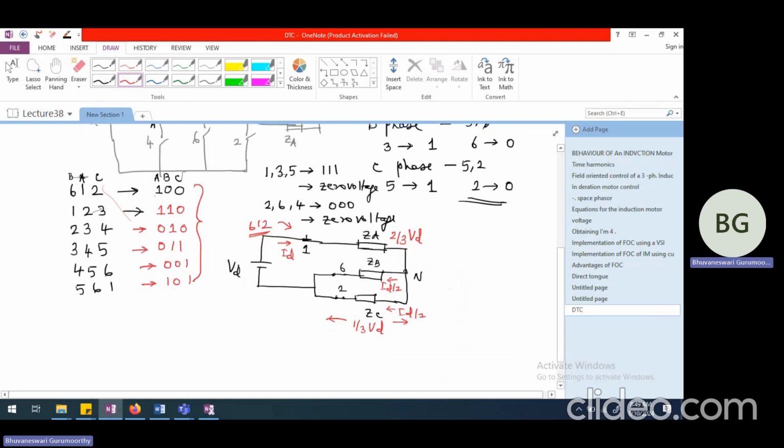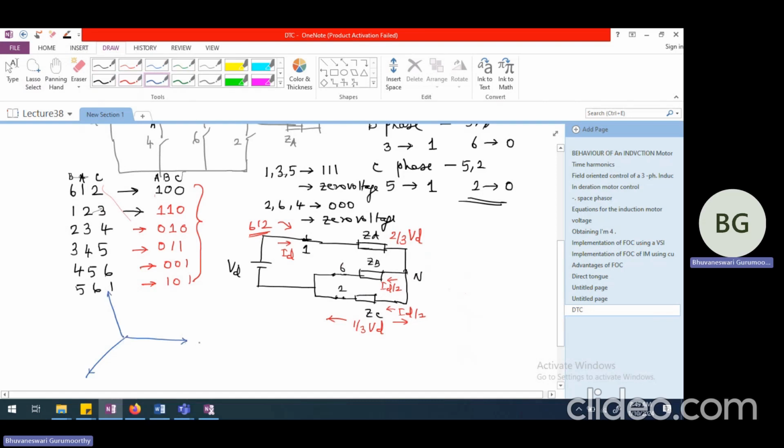So I can draw, if I say that normally I'm going to have the A phase vector positive in this direction, and I'm going to have B and C phases somewhat like this.